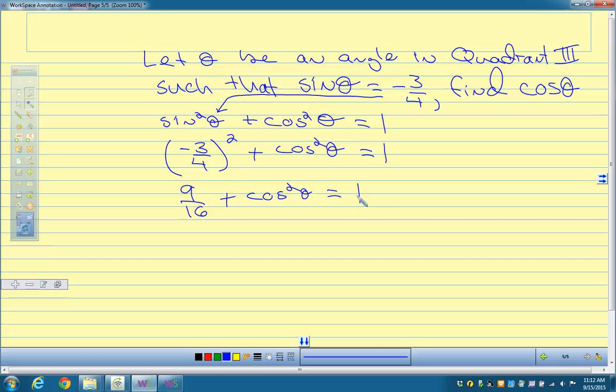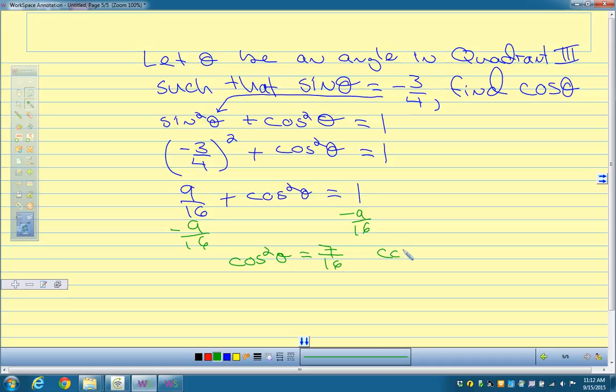I'm going to subtract 9/16 from both sides. Minus 9/16, minus 9/16. So that gives me cosine squared theta is equal to, how many sixteenths is it? 7/16.